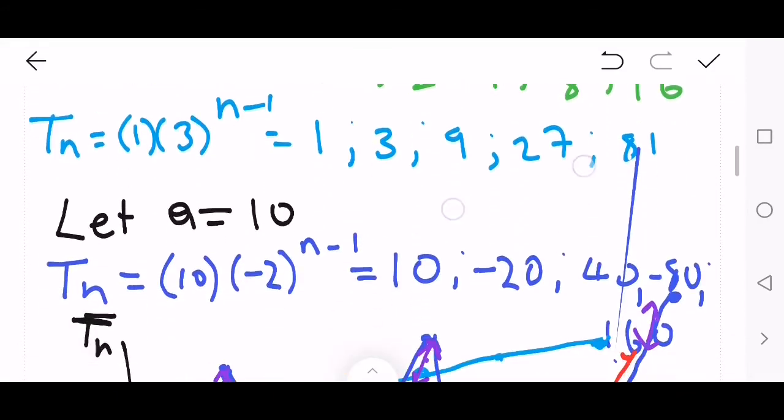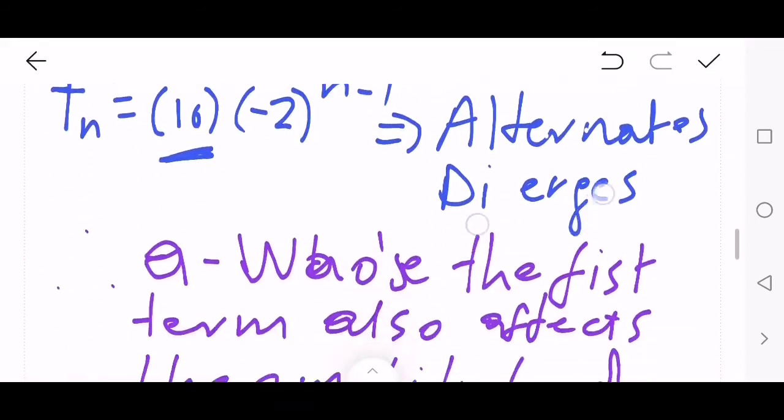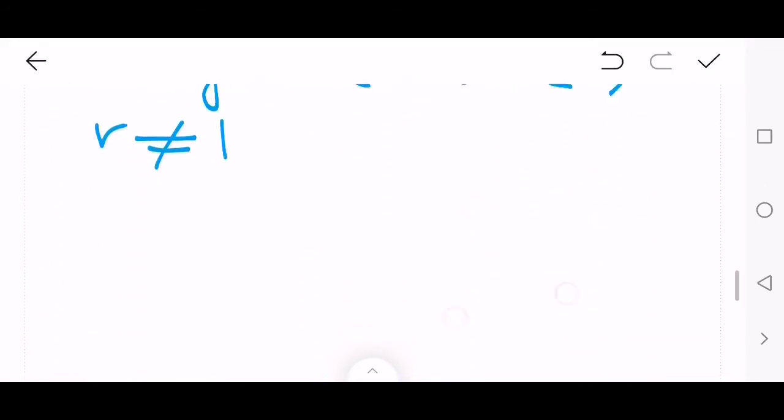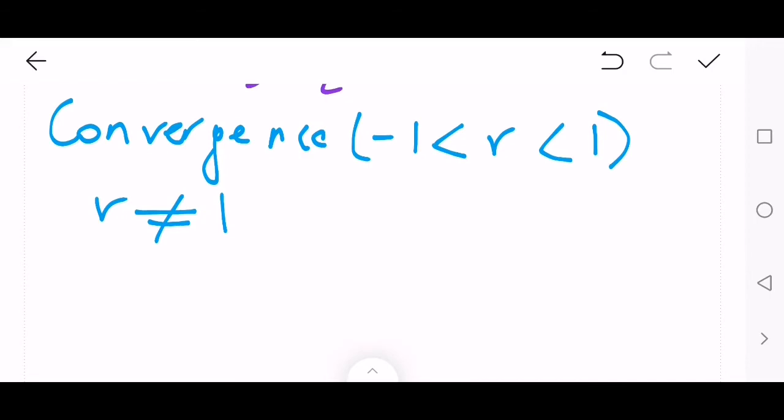So how can we explain convergence? Convergence can be explained in two ways, and this is the first way. Convergence occurs when the constant ratio is between -1 and 1. So if the constant ratio is a fraction, the sequence will converge.